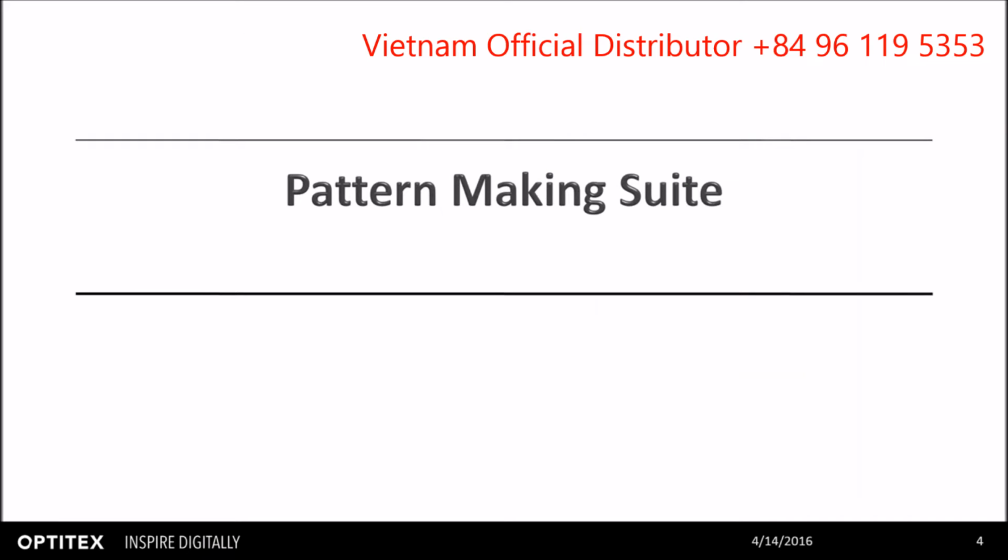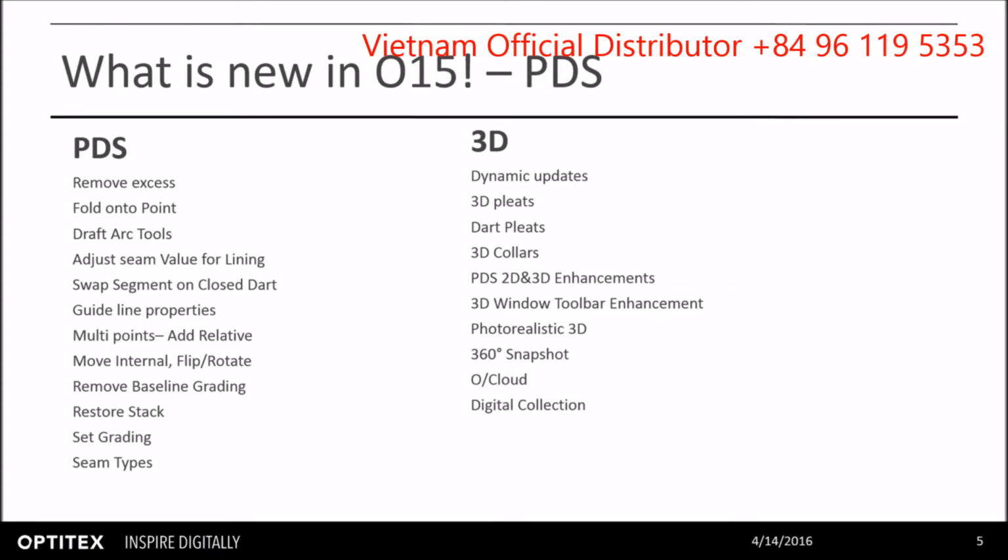So let's begin. We're going to spend a lot of our time inside the software today. So the first thing you might want to do is take a print screen, as these are the main highlighted tools that I will be featuring and showing today as the new features that we have here in OptiTex. So I'll just pause on this screen to let you take a print screen.